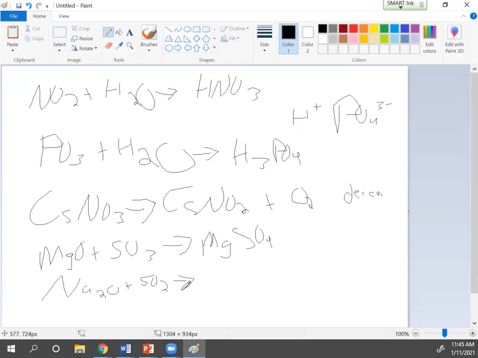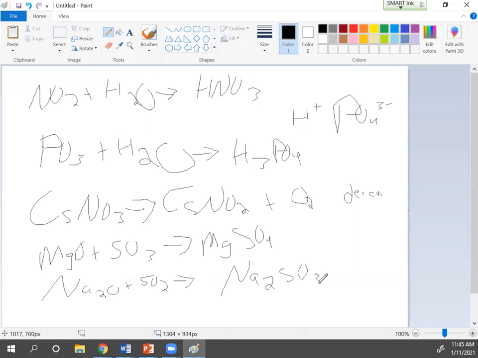If SO3 plus a metal oxide made a sulfate, we know that SO3 has one more O than SO2, so what would have one less O than a sulfate? A sulfite. So what would this metal sulfite be when I put sodium? What's the formula for sodium sulfite? Na2SO3. Does that kind of make sense to you guys?